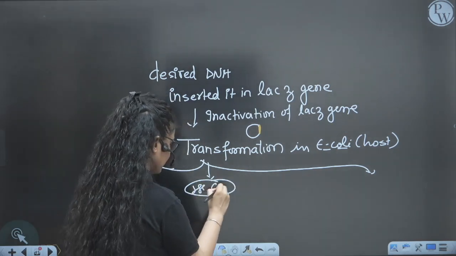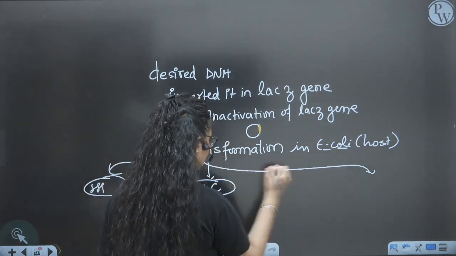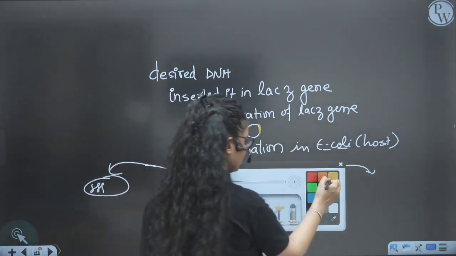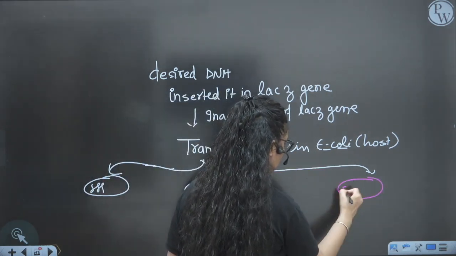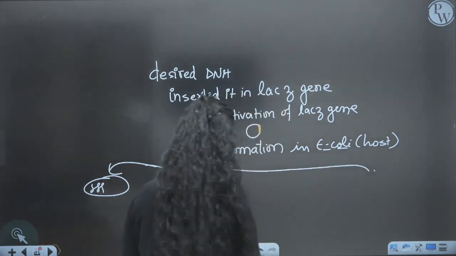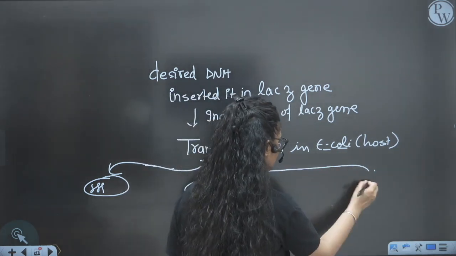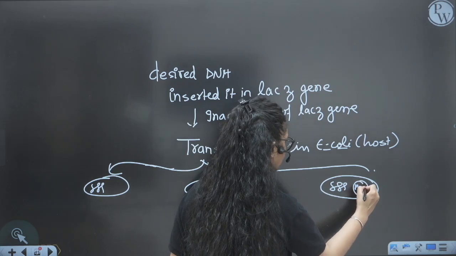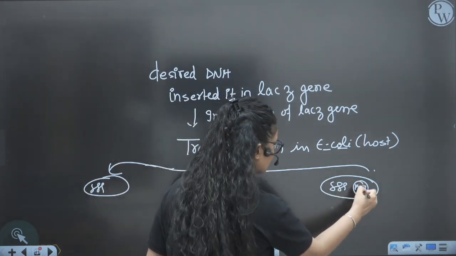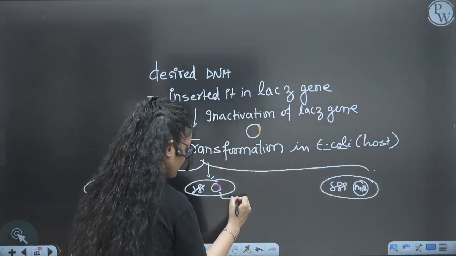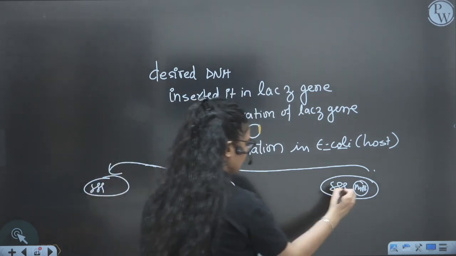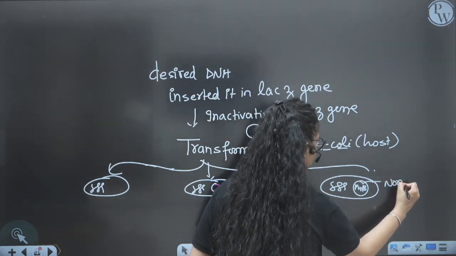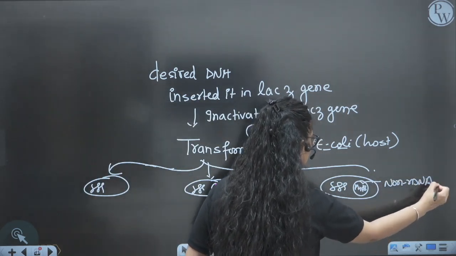Second, with the recombinant DNA that we want. And third, with the normal plasmid, pUC18 without any insertional inactivation. It is non-recombinant, meaning it doesn't have our gene of interest, right?